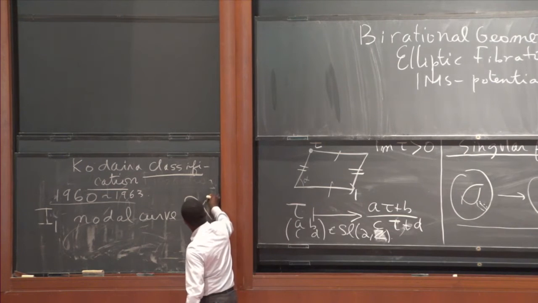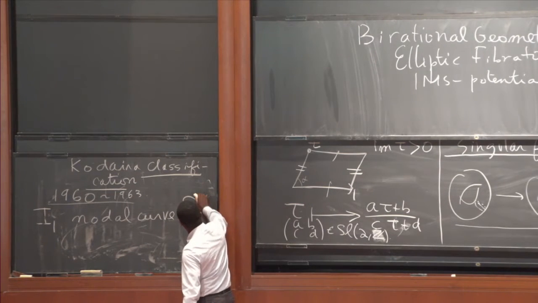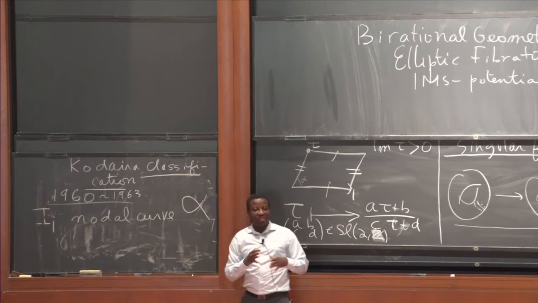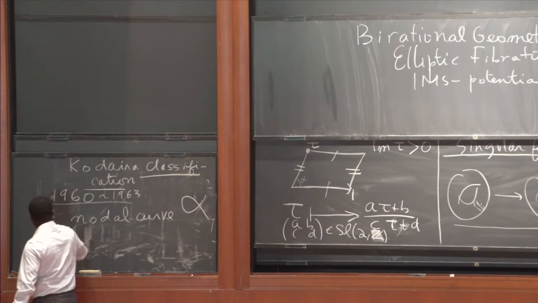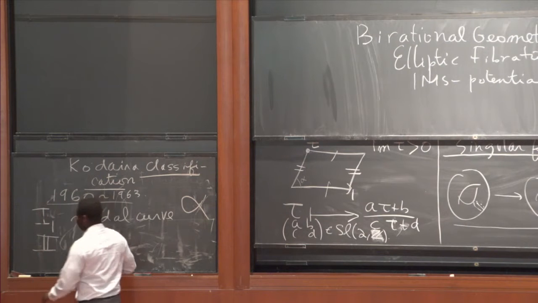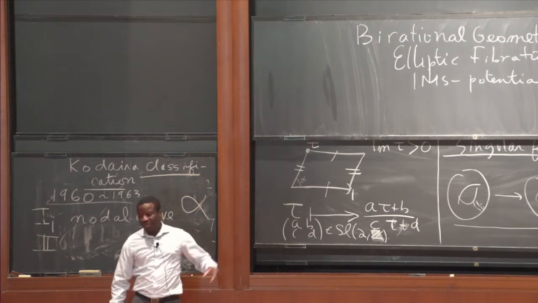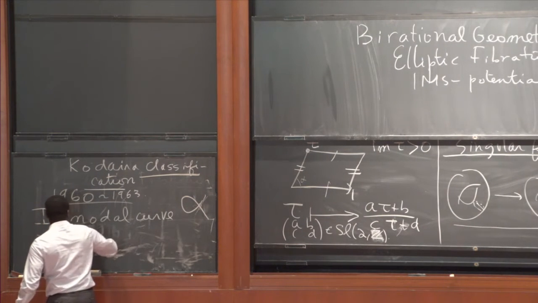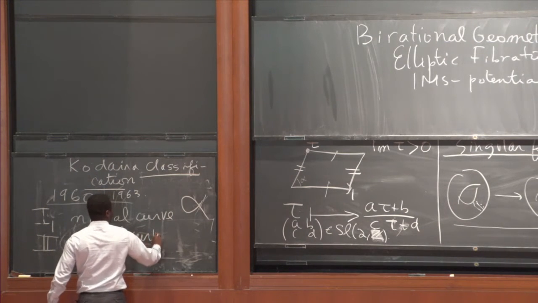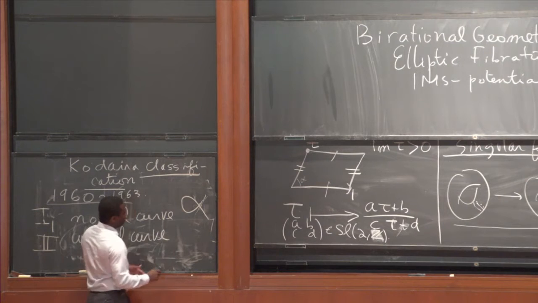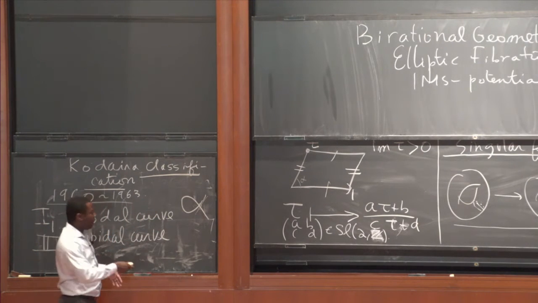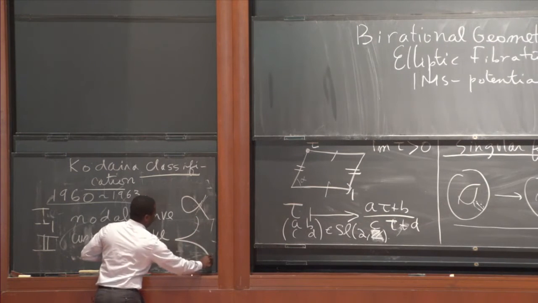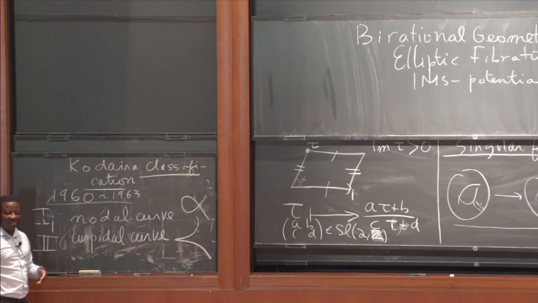The main point is to see that at the point of intersection, you have two tangents that are distinct from each other. The next type of singular fiber is very difficult to see starting from a torus. This is called the cuspidal curve, which is a degeneration of the nodal curve when the two tangents coincide. So it looks a little bit like that.